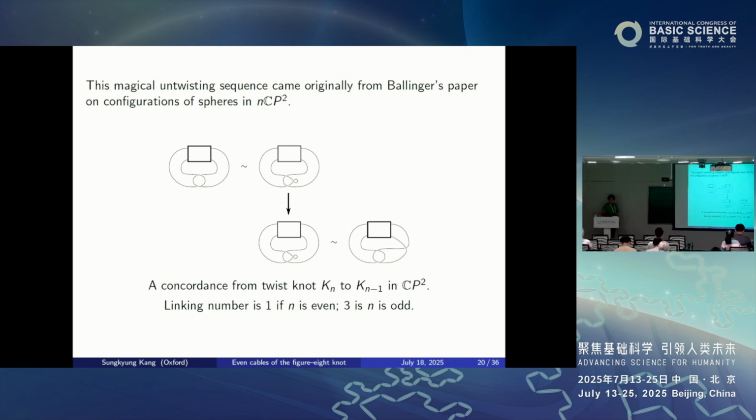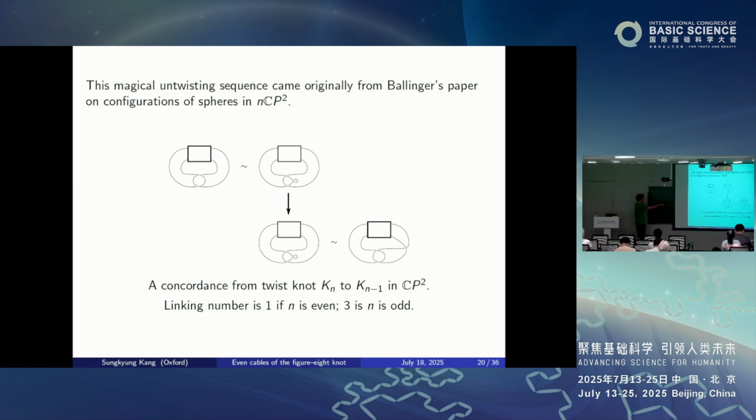And it's probably worth mentioning here that, as I said, this construction goes back to the work of Bollinger. He tried to study configurations of spheres in nCP2, and while doing that, he was considering the following untwisting sequence of twist knots. You start with a twist knot with n half twists.